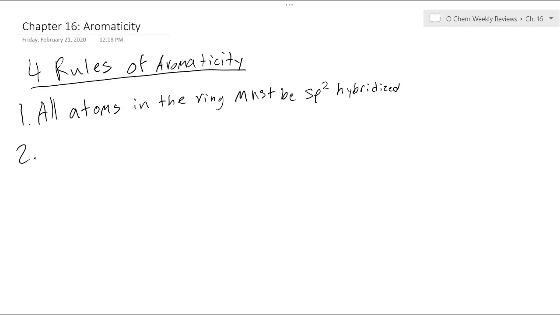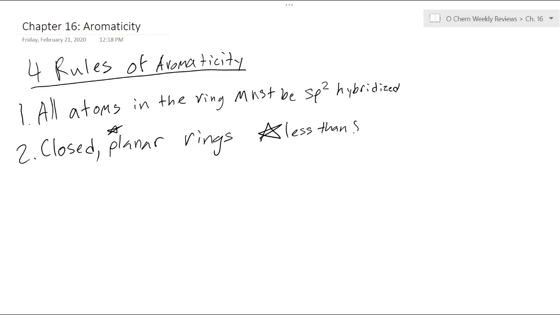Now, rule number 2 is that they all have to be closed, planar rings. Closed means that if all the atoms are connected, there should not be a gap. And then planar essentially means less than 8 carbons.